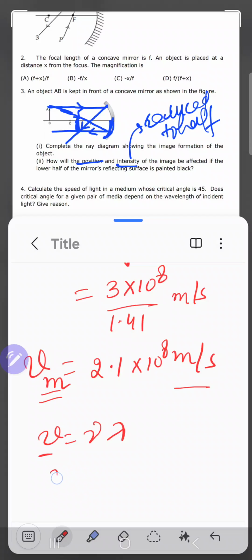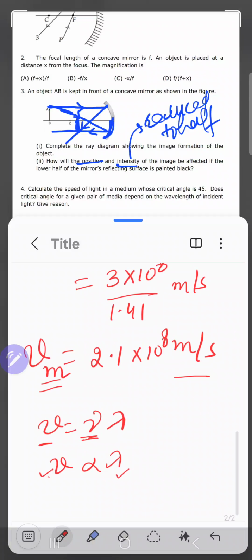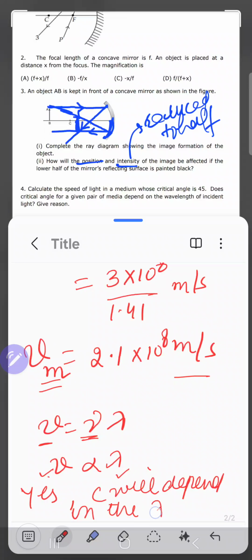So if velocity is proportional to lambda, as frequency would remain constant, and as refractive index would depend upon velocity, velocity depends upon wavelength, and critical angle depends upon the refractive index. So we can say yes, critical angle would depend upon the wavelength of the incident light. Yes, C will depend on the wavelength of the incident light.